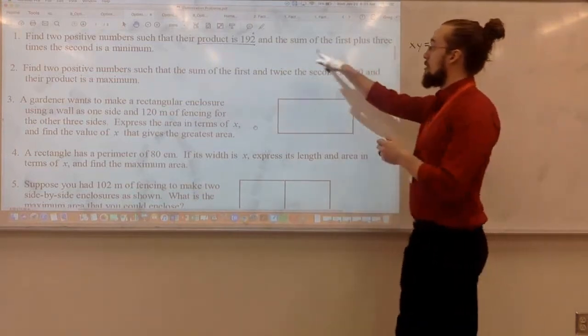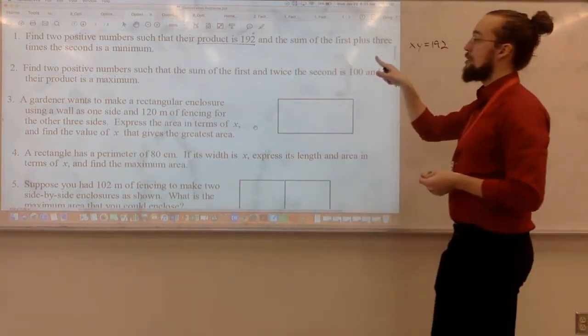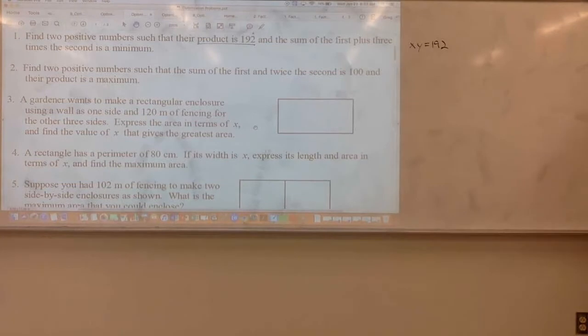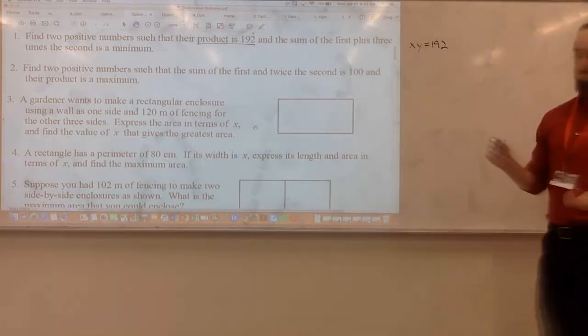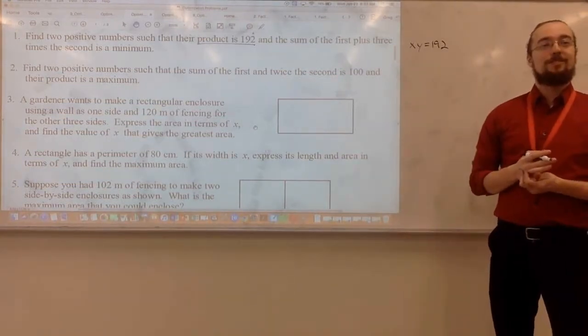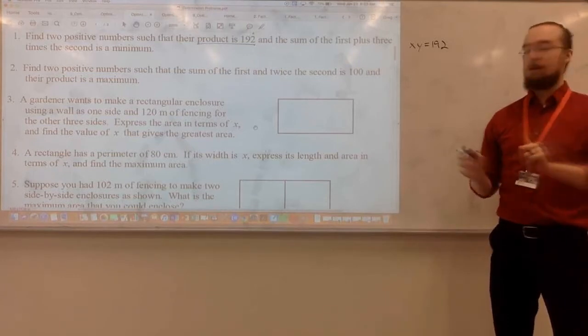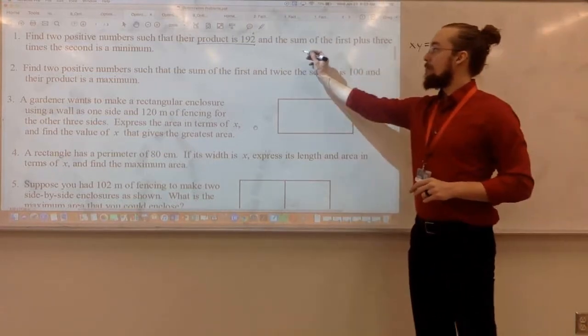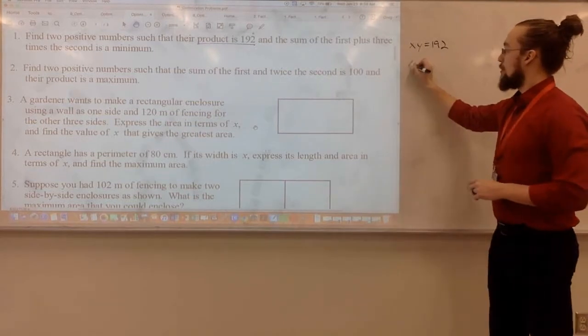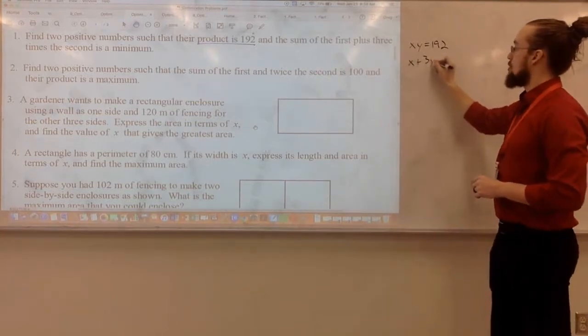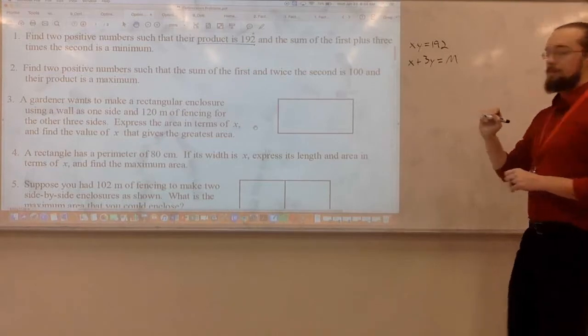Their sum, or the sum of the first plus 3 times the second, is a minimum. So sum means we're adding.